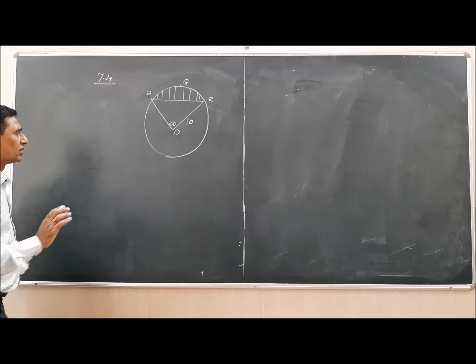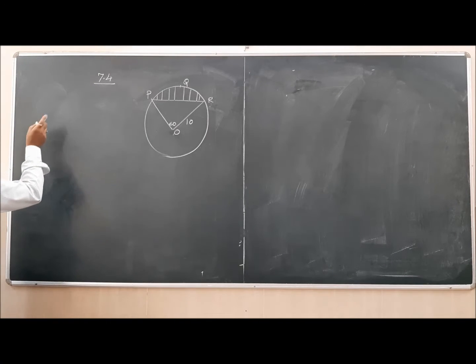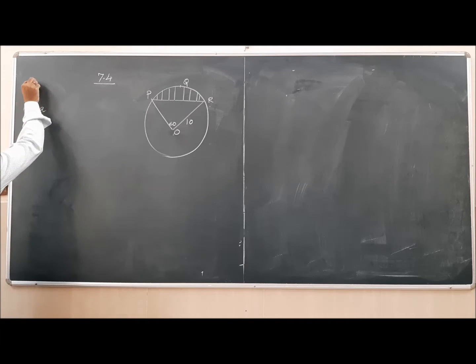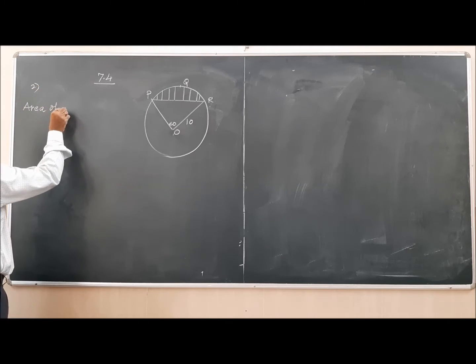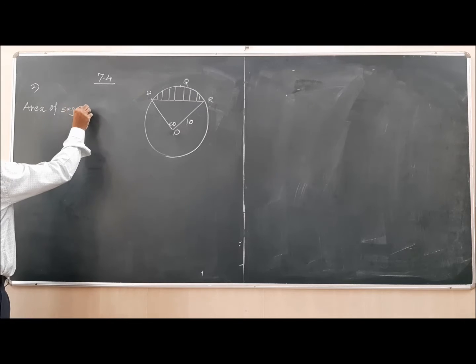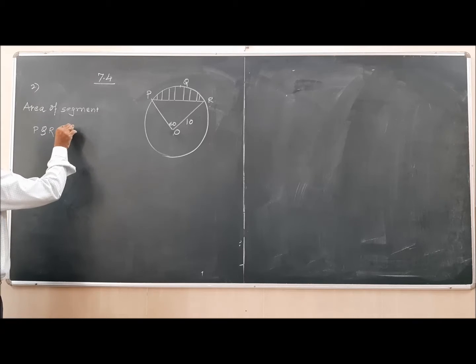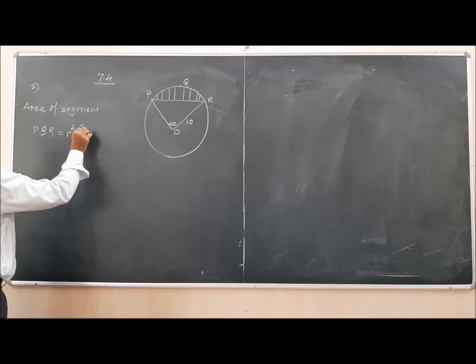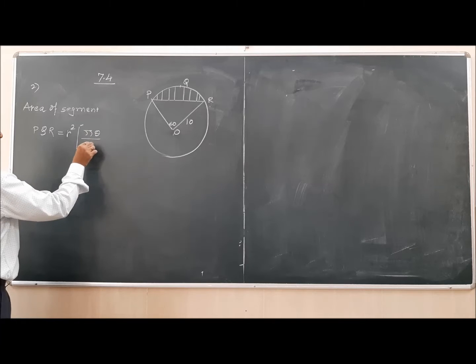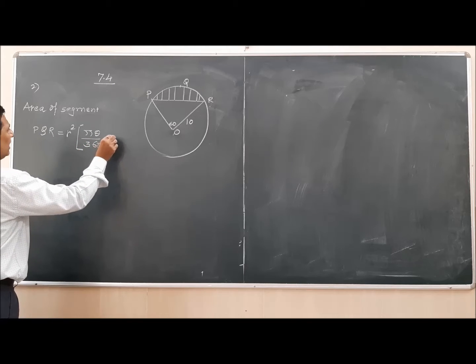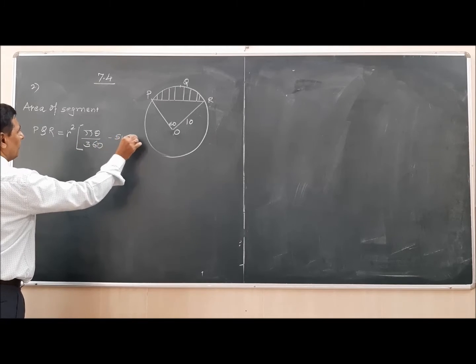Now let's see here. Area of segment PQR for the second sum, area of segment PQR is equal to r square pi theta upon 360 minus sin theta upon 2.